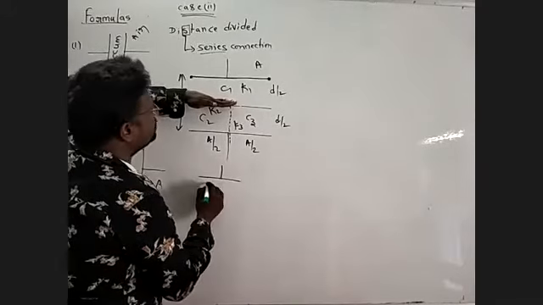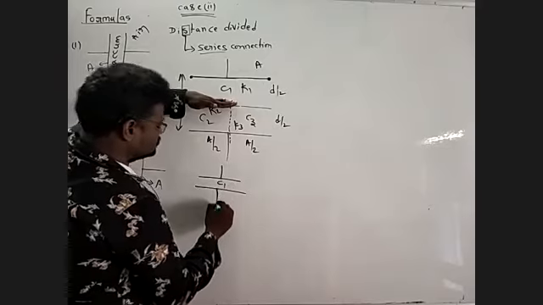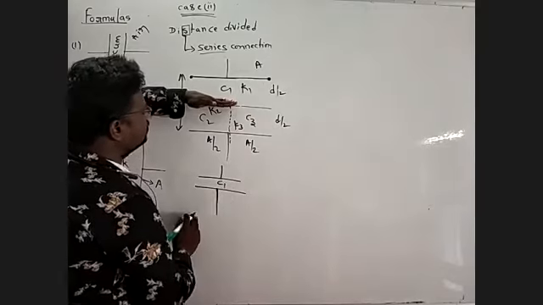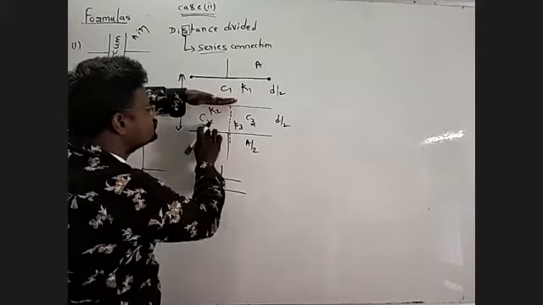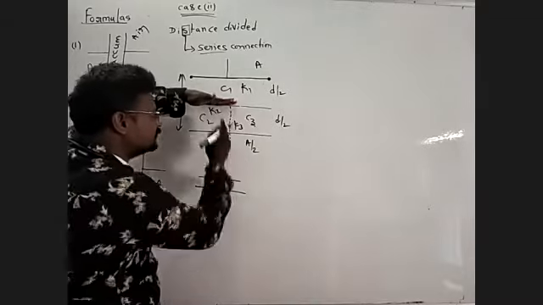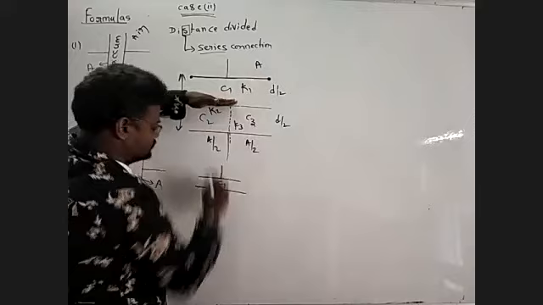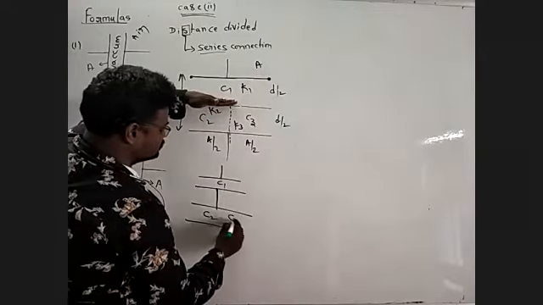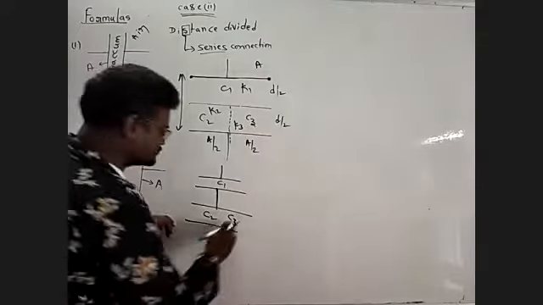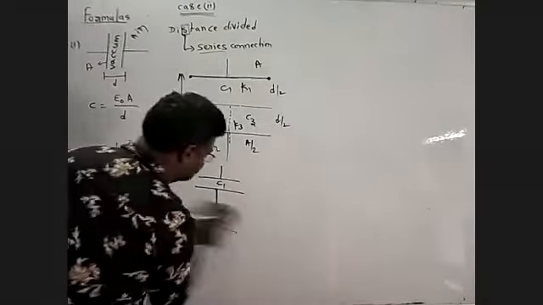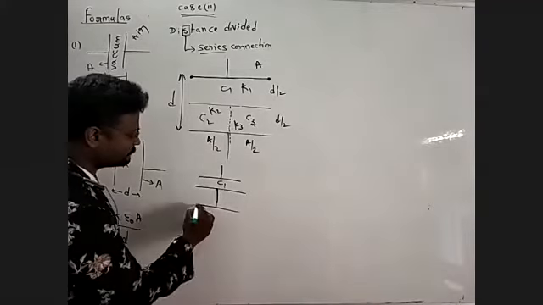The area is divided into two equal parts for C2 and C3, so what type of connection is it? Both capacitors are in parallel connection.